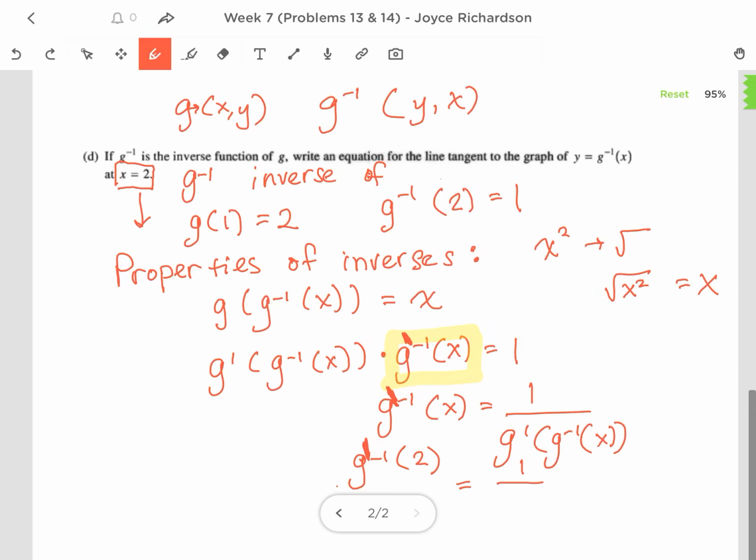I have 1 over g prime of the inverse of this right here. I know that this means that that's the y value on the chart, so I know that the x value was 1. So now I need g prime of 1. And g prime of 1 was 5, so that's how I get my 1/5 as my slope.